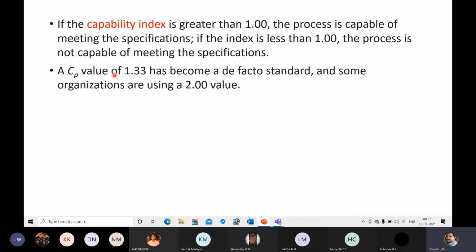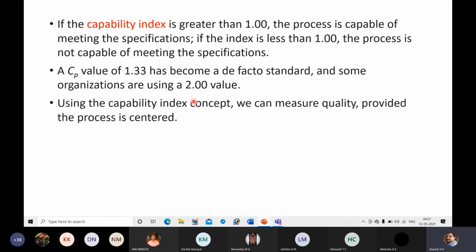More than 1 is acceptable. Depending on their quality standard, companies will set the value to maybe 1.33 or even 2. A process capability index value of 2 represents a very good standard, where they are able to produce very high quality products.